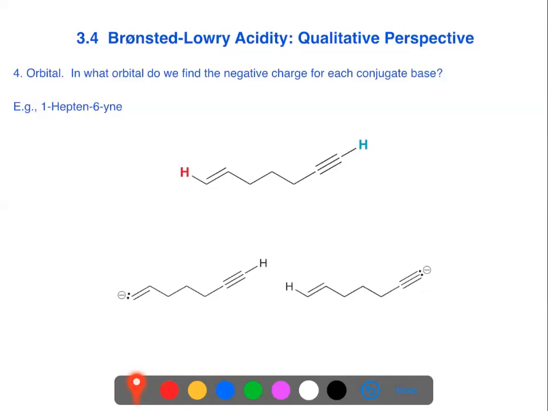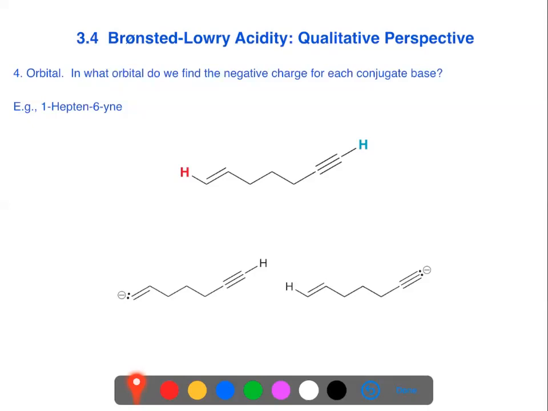So in this example, we see that the conjugate base for both examples would be a carbon-centered anion, so a carbanion. And so if we look at our previous factors, the atom is the same. We cannot draw resonance structures for either of these conjugate bases, and there's no inductive effects present.